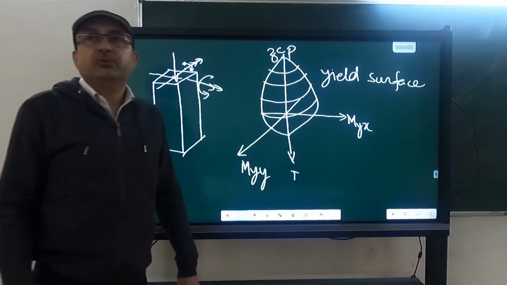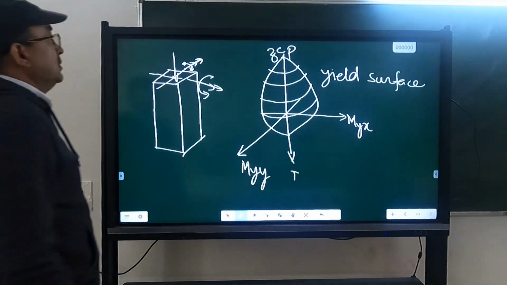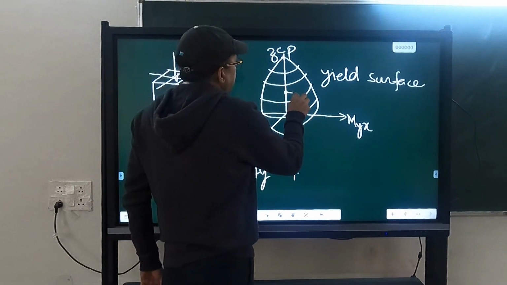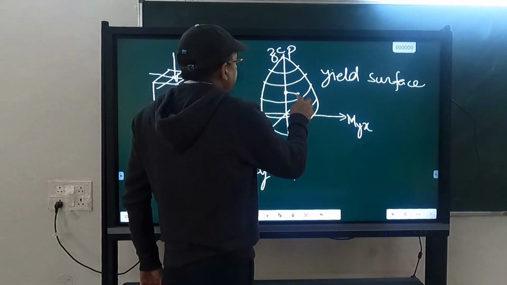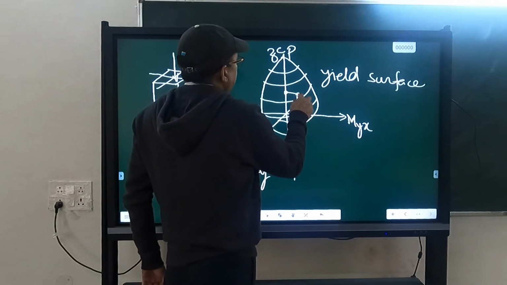So actually you have to provide the yield surface, not just the yield interaction curve. That is giving you when there is one moment acting about x or y. Actually there will be a combination of x and y. Then what the software will do, it will check first the axial force at any step, then it will see the Mx and My which are acting on that point.